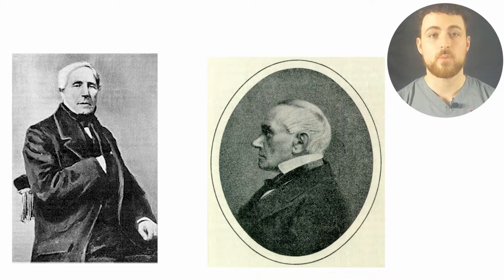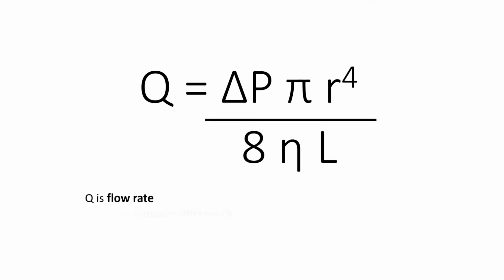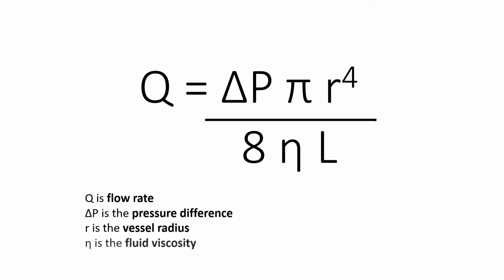was combined to form what we now call the Hagen-Poiseuille equation, which states that the rate of flow, Q, of a fluid through a tube with a circular cross-section of radius r is equal to the driving pressure, delta P, multiplied by pi, multiplied by the 4th power of the radius of the tube, divided by a constant, 8, multiplied by the viscosity of the fluid, given the symbol eta, multiplied by the length of the tube.